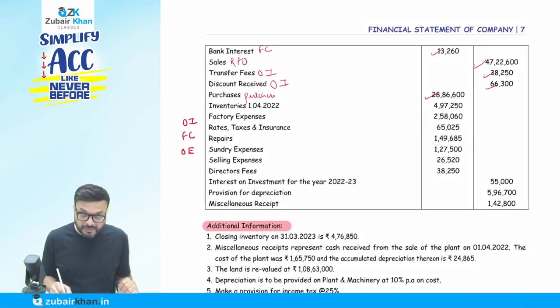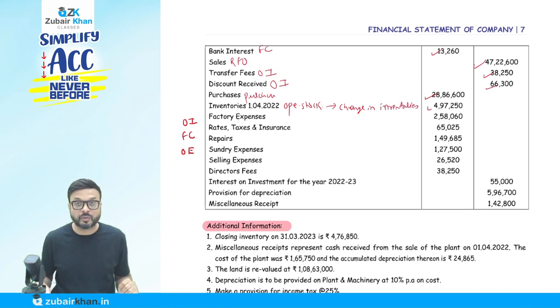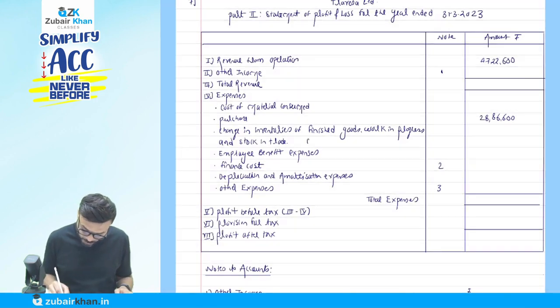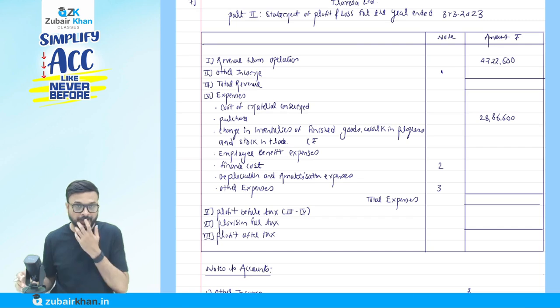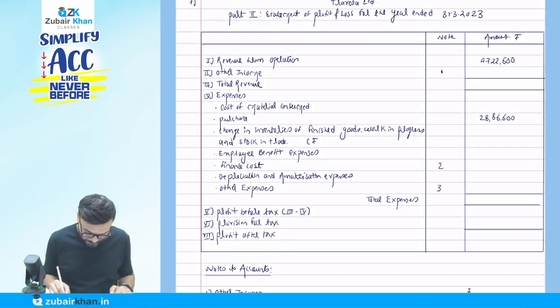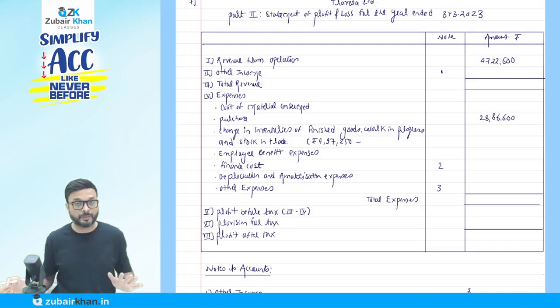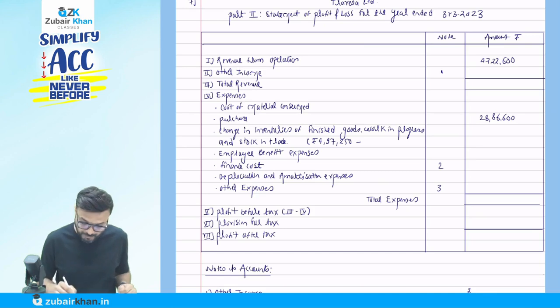Then we have inventory, which is the opening stock. We write it down in change in inventory, 4,97,250, in the inner column here. When the closing stock comes, we will deduct it from here. Later on, when the closing stock point comes, we'll deduct it from 4,97,250.